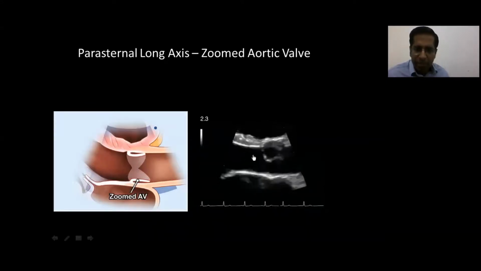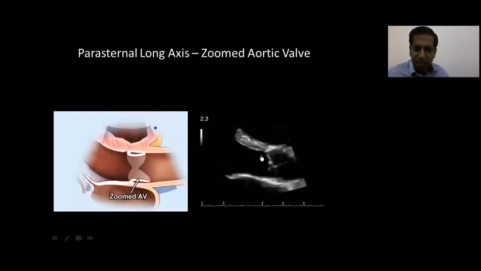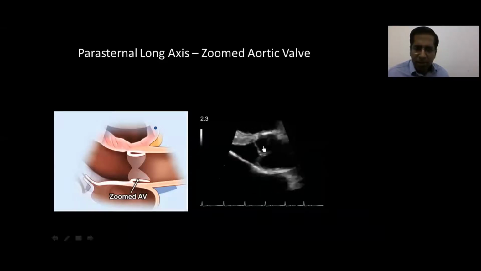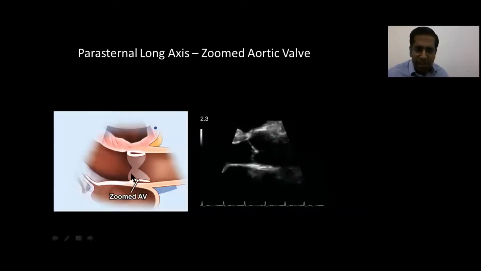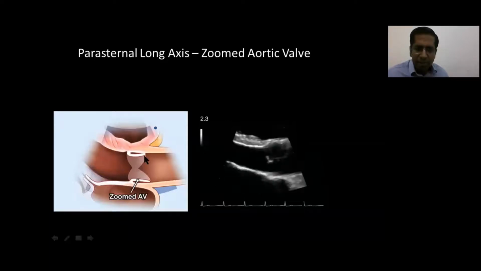But most importantly, in every patient, what this particular image is used for is measurement of the left ventricular outflow tract. And the left ventricular outflow tract is measured by freezing this particular image in systole, so that you have an image which resembles this left panel, wherein the aortic valve leaflets are completely open like this.